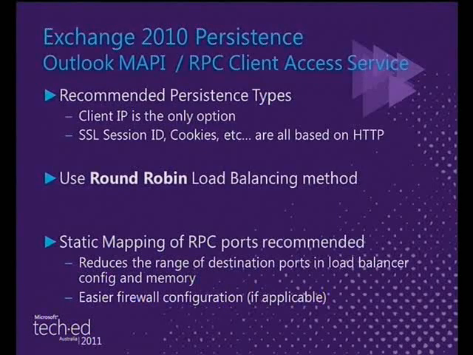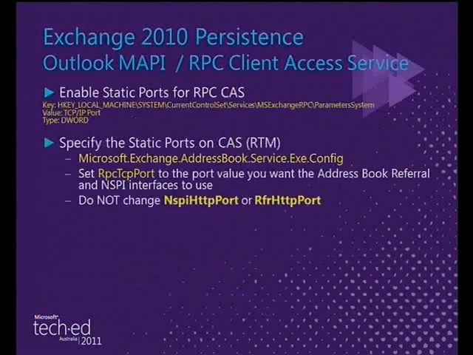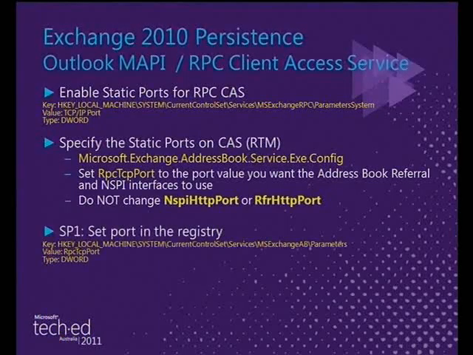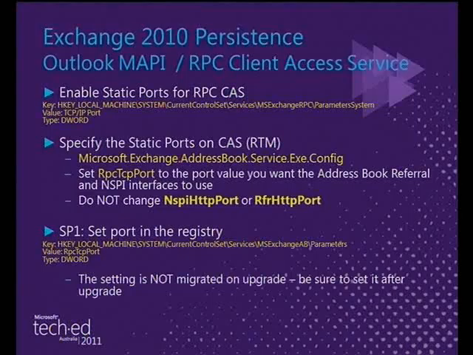If we narrow or restrict the port ranges to a smaller set, we then have a smaller state table on the load balancer, and we have better performance, or a cheaper load balancer from a configuration perspective. Steps to do that are going to be different between RTM and SP1. We list both options right there. With SP1, we just allow you to do it in the registry. You don't have to go to the exchange.addressbook.service.exe.config file to make those changes.